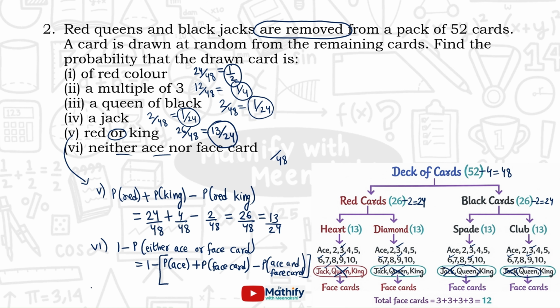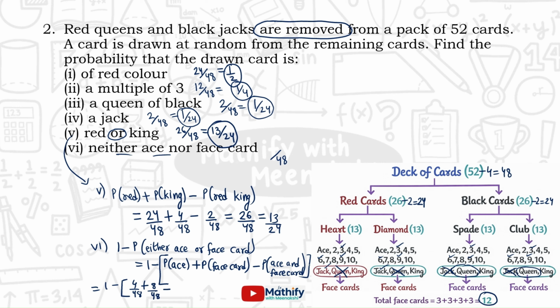Now, 1 minus probability of ace. How many aces do we have? As you know, we have 4. 4 by 48. How many face cards do we have? As you can see here, we have already cut 4 face cards and total we have 12. That means we are left with 8 now. 8 by 48. And minus ace and face card.